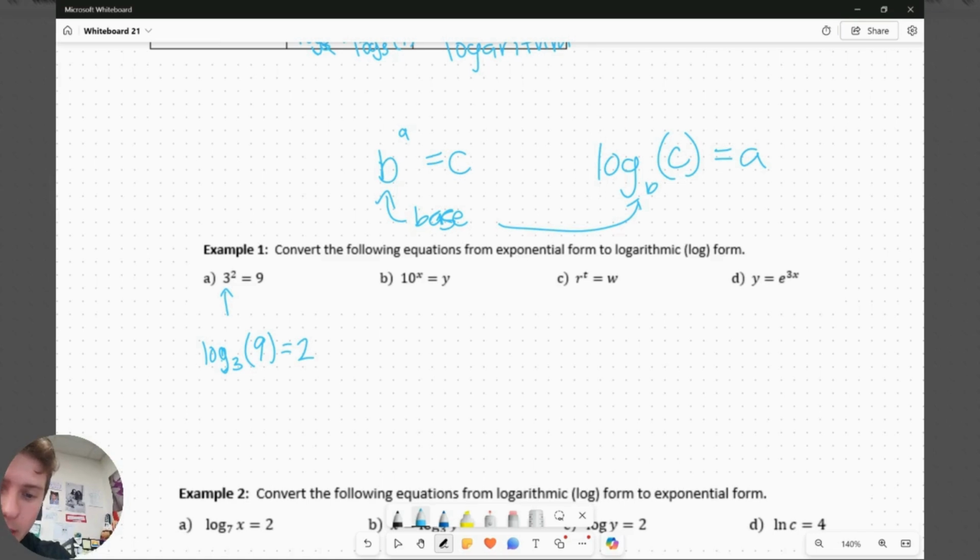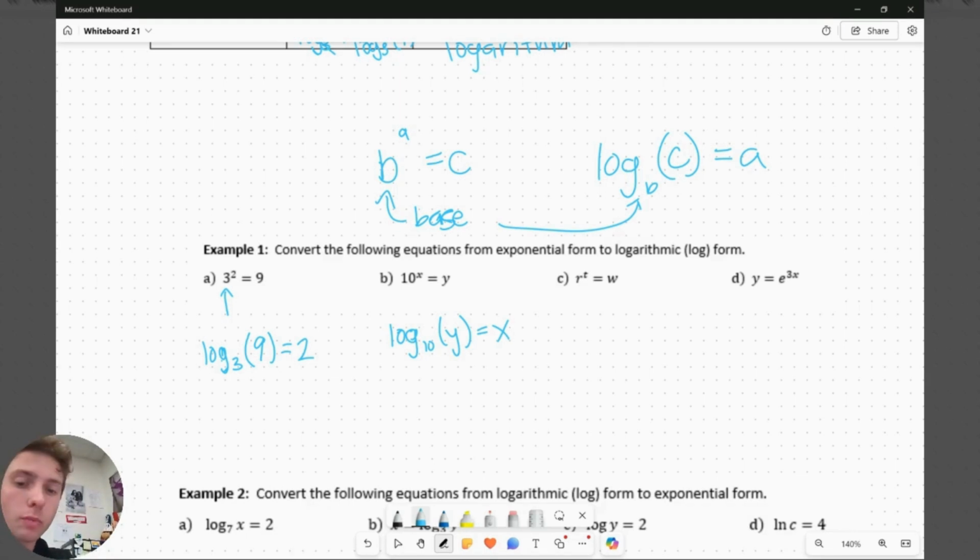You could do the same thing for b, log base 10, right? The base, switch the other 2, and you'd get something like this. But one thing that we want to note is when you have log base 10, log base 10 is what is known as a common logarithm. Whenever you have a common log, you actually don't need the base of 10.